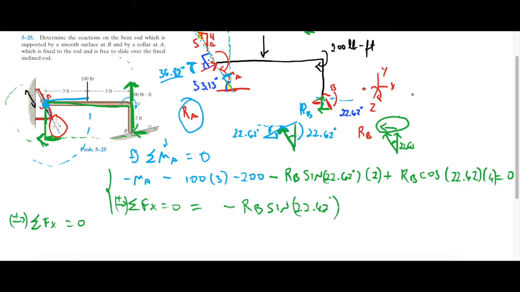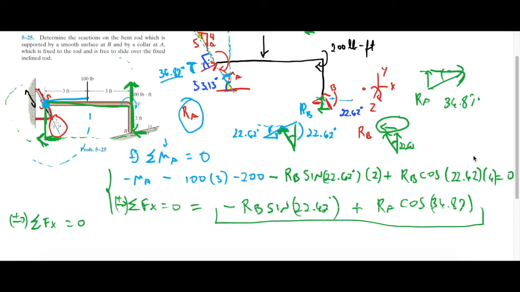And for the other one, this angle was 36.87. This was RA. So it's going to have a y component this way and an x component this way. So that's positive. So plus RA cosine of 36.87. And that's equal to 0.